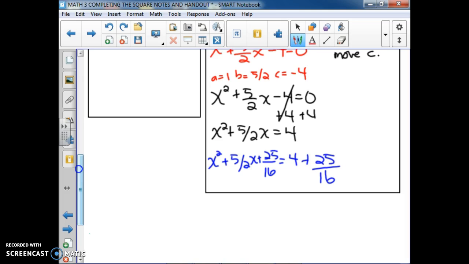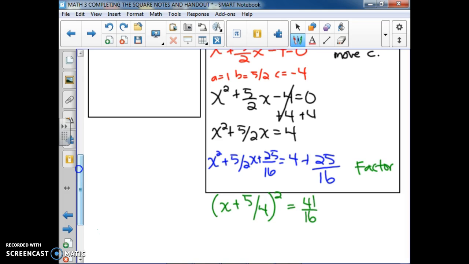Now I can factor and simplify. This x squared plus 5 over 2x plus 25 over 16 becomes x plus 5 over 4 squared. And 4 plus 25 over 16 is 41 over 16.